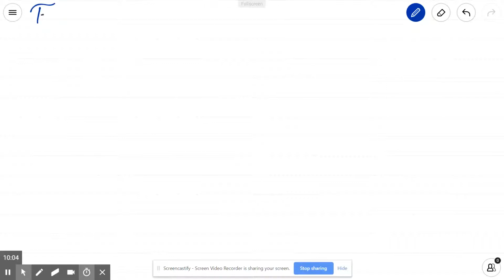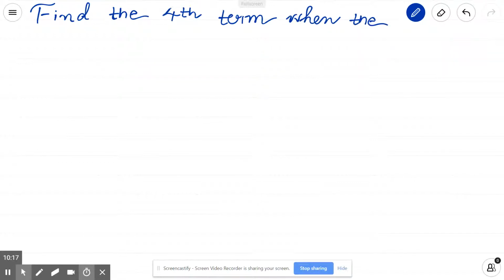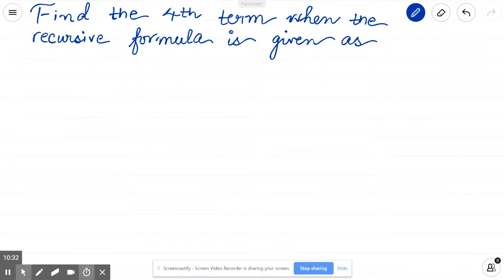Okay, so we'll write down: find the fourth term when the recursive formula is given as nth term equals the previous term plus 40.